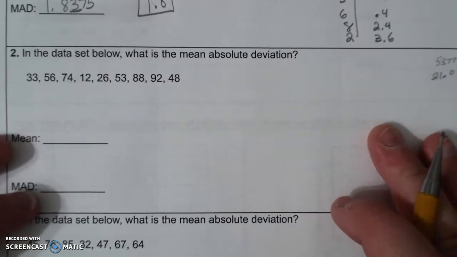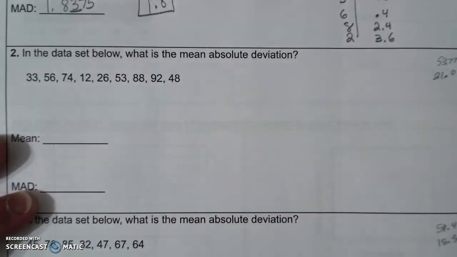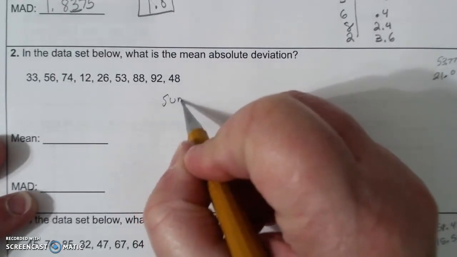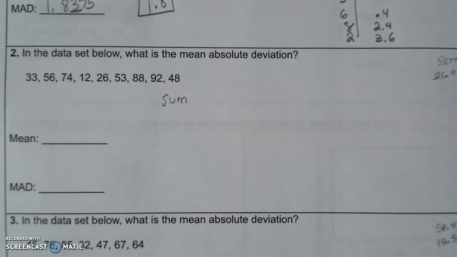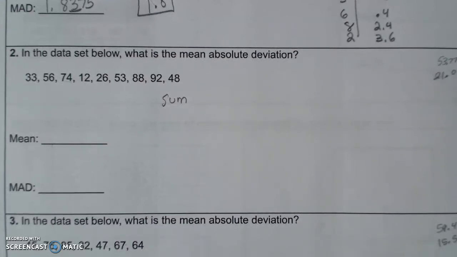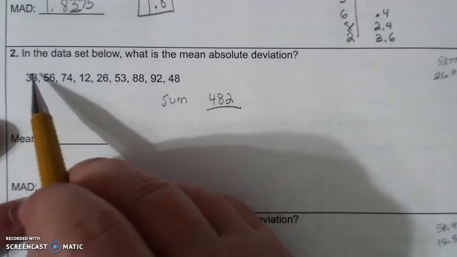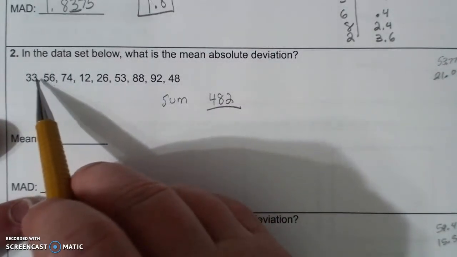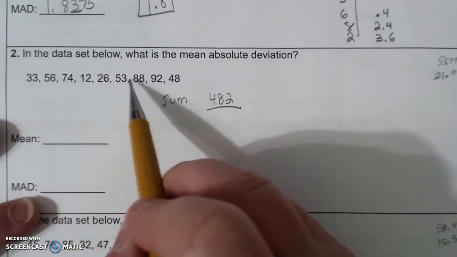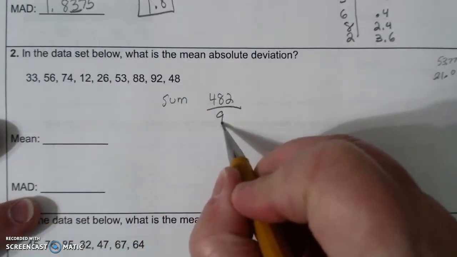Okay, same thing. We're going to add them all up, and I'm going to say the sum. I'm going to do 33 plus 56 plus 4 plus 12 plus 26 plus 53 is 88 plus 92 plus 48. I get 482 divided by the number of data points, 1, 2, 3, 5, 6, 7, 8, 9.